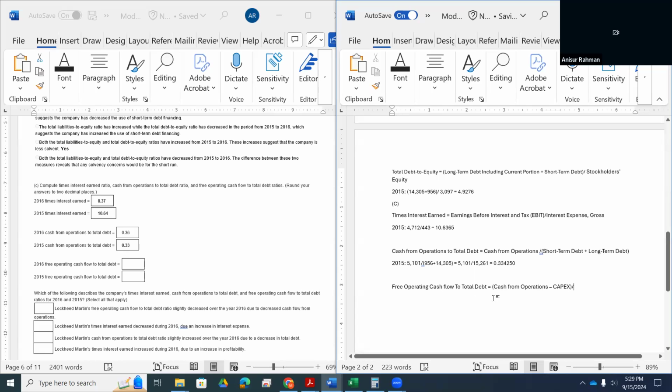What that basically means is we are focusing on the cash that is left after we have invested in capital assets like machines, equipment, long-term assets. And our denominator will not change: short-term debt plus long-term debt.